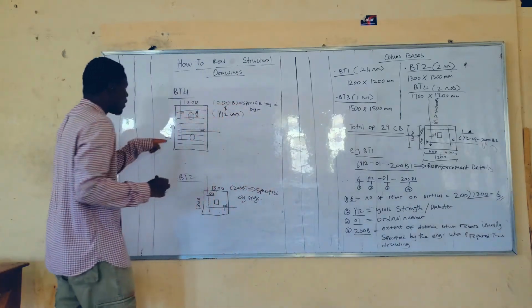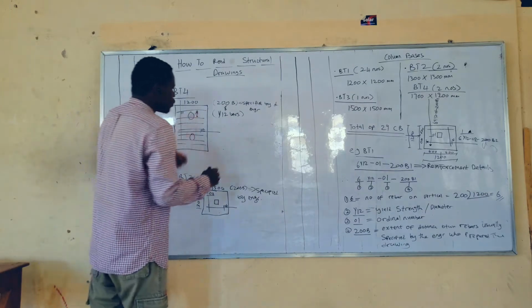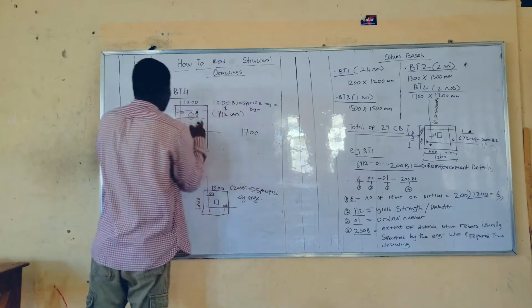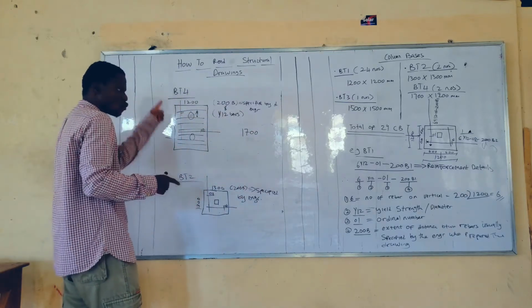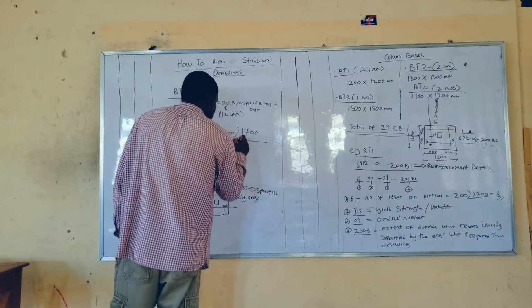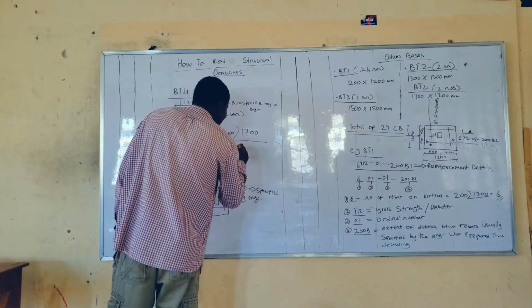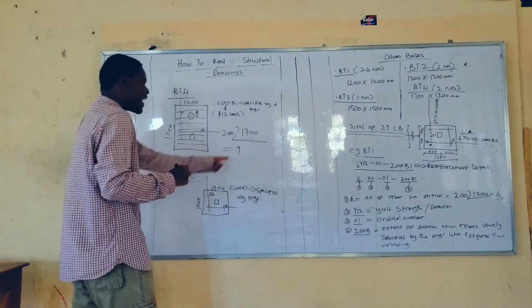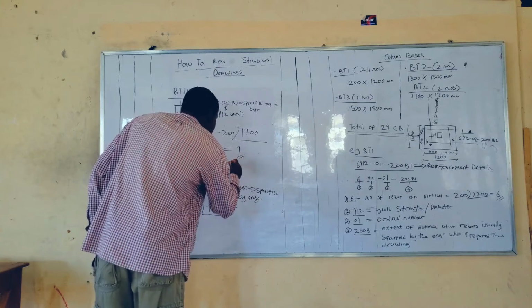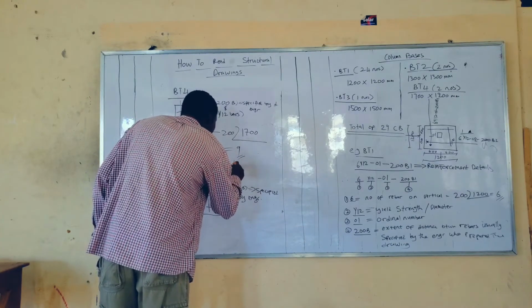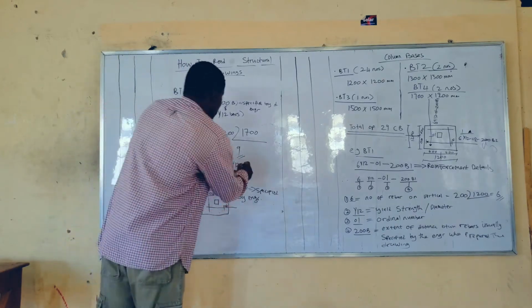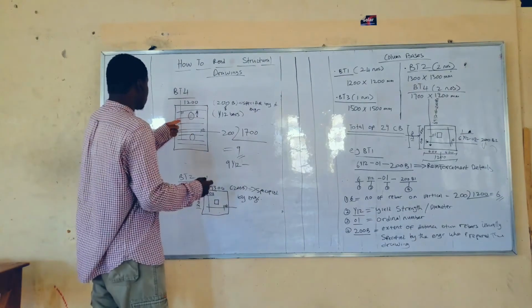So that would be 1700 divided by 200, for length one, which will give us 9. 9 what? 9 Y bars. So that would be 9Y12, for which number? 01.